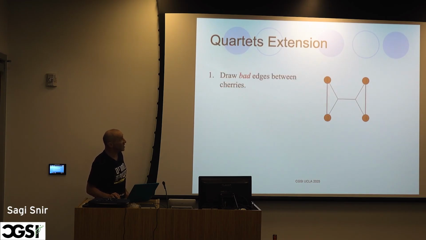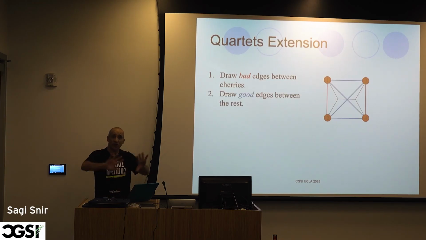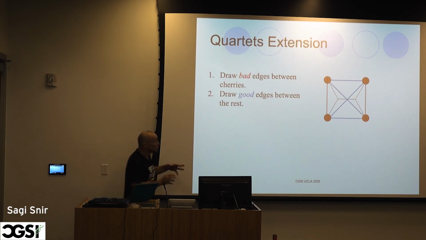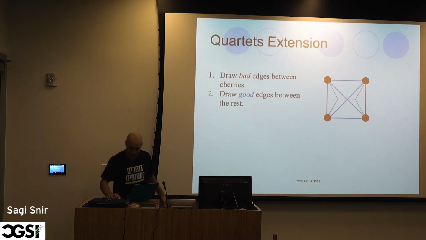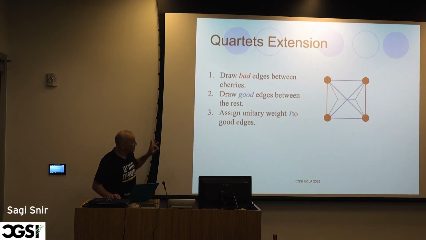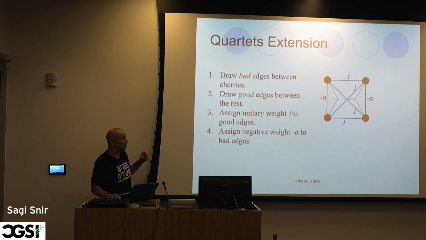We have the same bad edges that we don't want to cut, and the ones that we do want to separate from each other. So just have a look. Assign unitary weights to good edges and minus alpha to bad edges. So we don't want to cut the bad edges.